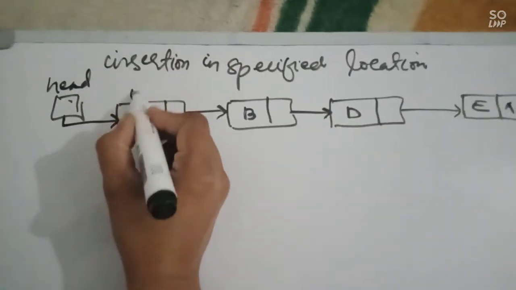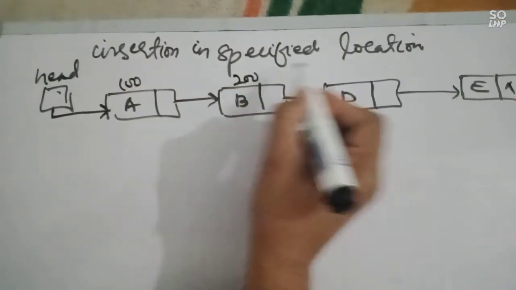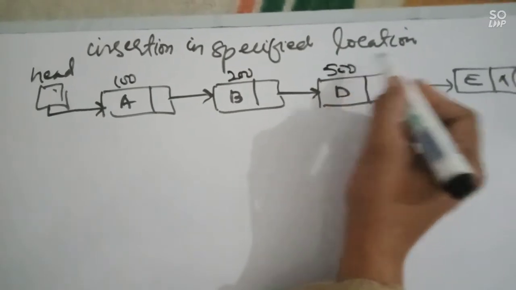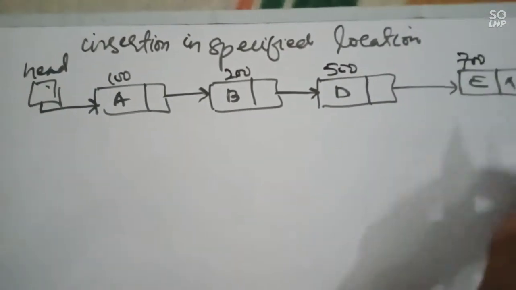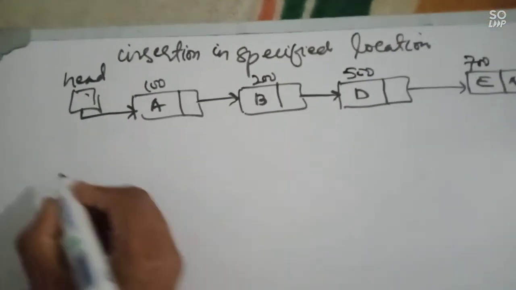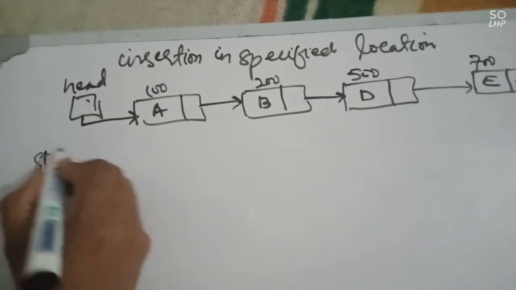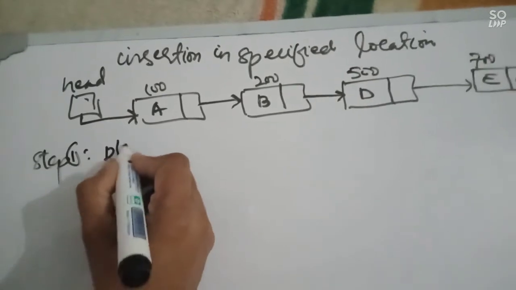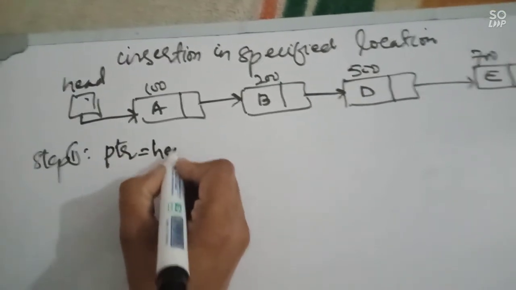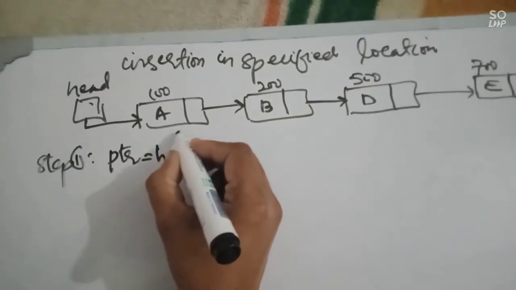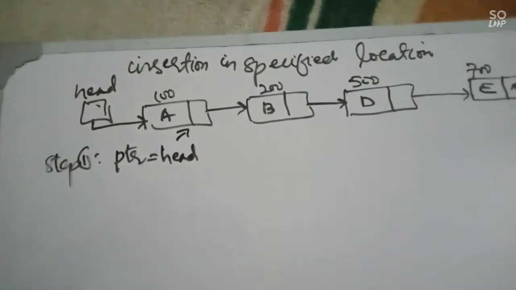Okay, these nodes have some addresses in the memory, right? And initially a pointer PTR is pointing to the first node. Step 1, PTR is equal to head. It means that PTR is pointing here to this.